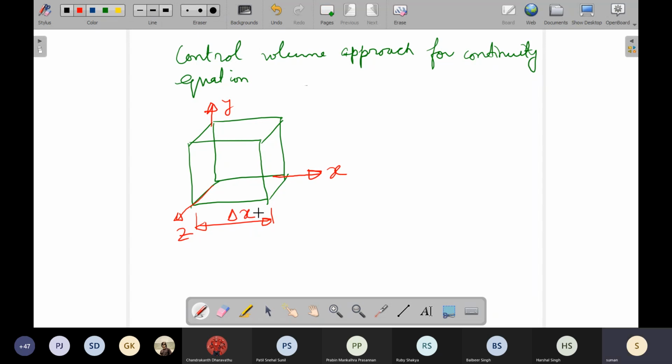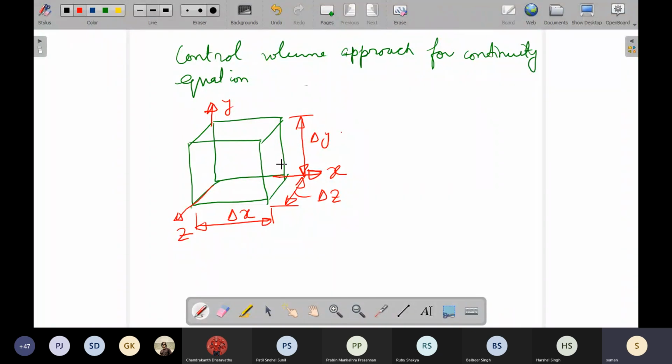So let us say that you have a control volume. See, this is where your explanation is so important. This diagram, if we do not write anything, could represent a fluid element or a control volume.